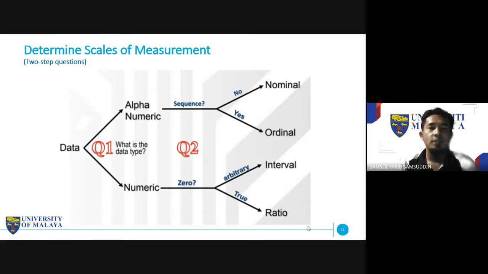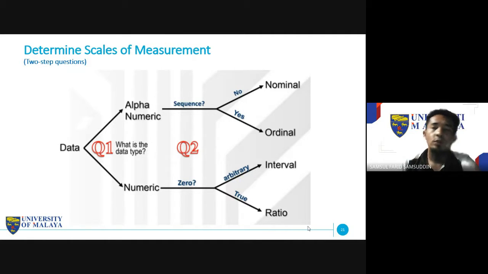Okay, how to determine the scales of measurement? For example, you have data, and you want to know whether it is nominal, ordinal, interval, or ratio. These figures could help you to determine the scales of measurement. First, you ask the question whether it is alphanumeric or numeric. If it is alphanumeric, the second question is whether there is a sequence or no sequence.